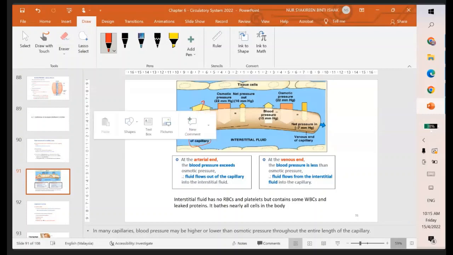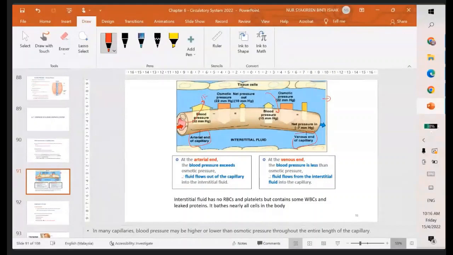So it becomes the interstitial fluid. The interstitial fluid cannot remain in the tissue because it can lead to the tissue being swollen, which is a condition we call edema. So this excess tissue fluid will enter back into your blood capillaries at the venule end.